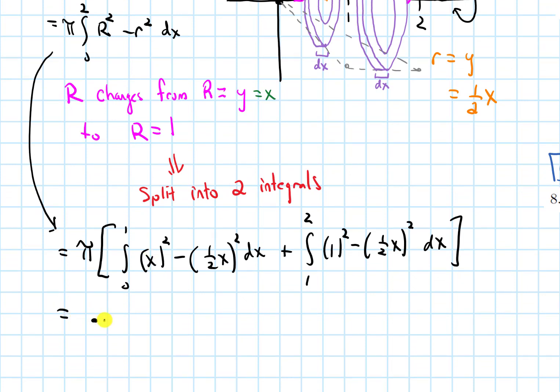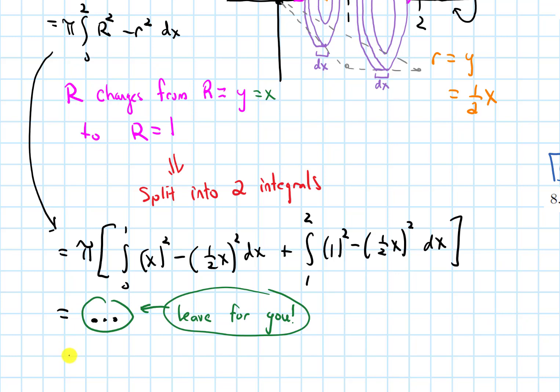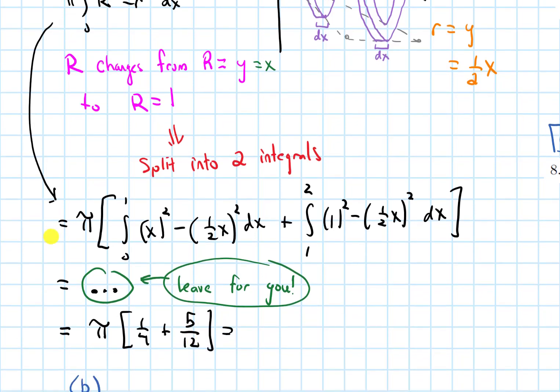I'll leave that computation for you and just say that this will end up being pi times: the first integral ends up being 1/4, the second integral ends up being 5/12. And if we get a common denominator and simplify, this will end up being 2 pi over 3.